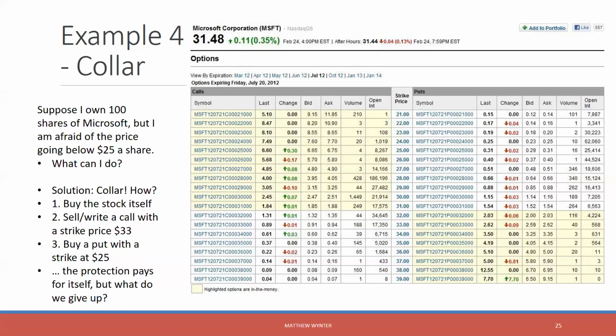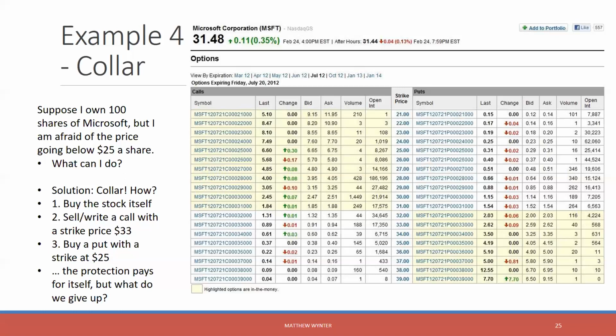Now, when you sell the call, when you write the call, short the call, what are you doing? You're promising someone the right to buy the stock from you for $33 per share. Why is that okay? That's okay for two reasons. First, when you write that call, you're actually going to get cash.